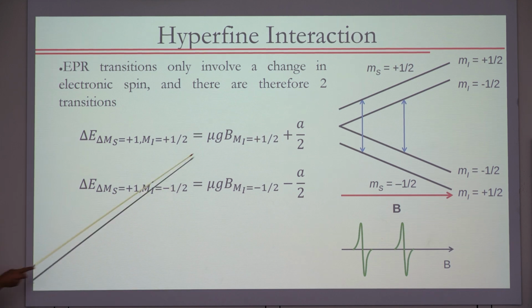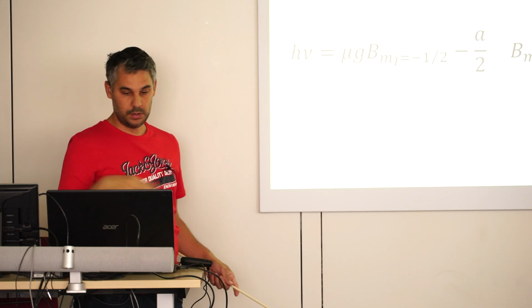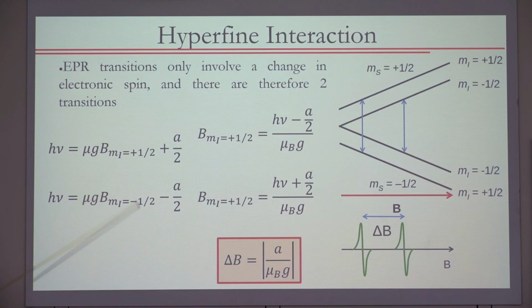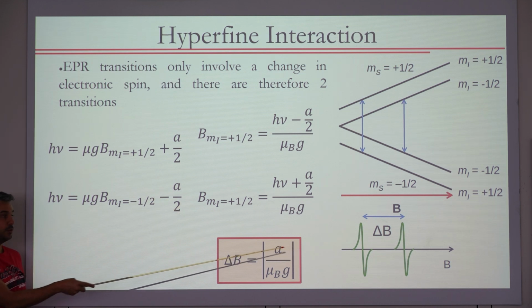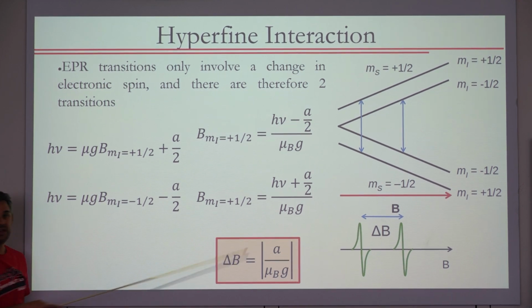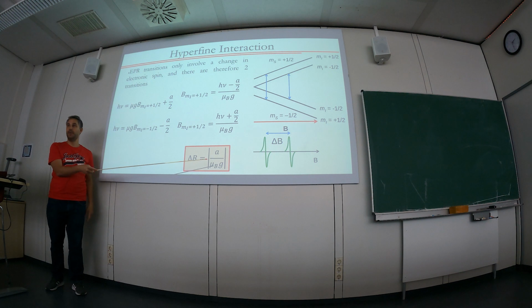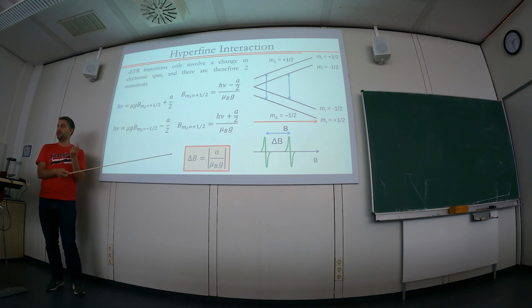So this gives you these expressions for the energies for each transition, and you can find the magnetic field for each of them. With some more manipulation, you find that the magnetic field splitting between the two lines depends on the A value, which is the hyperfine splitting, divided by the Bohr magneton times G. So even if you have the same hyperfine splitting in different directions of your molecule, if you change the G value, the actual magnetic field splitting will change inversely.